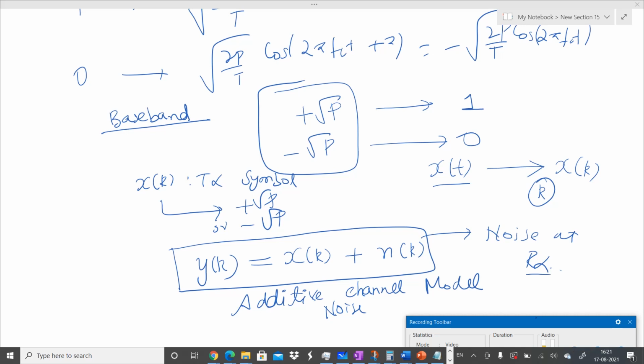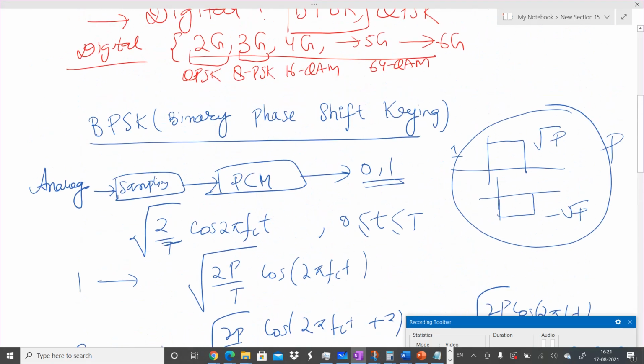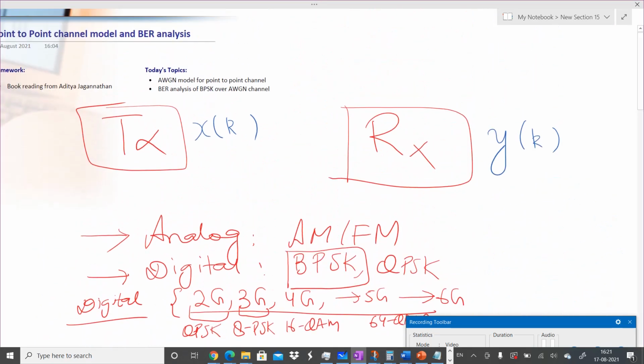Right now, one more thing you have taken into consideration is that between transmitter and receiver there is no hindrance, you can say. It is sort of a transmission line actually. Okay, you can think of a transmission line. So there is no shadowing, there is no reflection of the signal. So there is nothing in between transmitter and receiver. So it is a point to point line of sight communication.